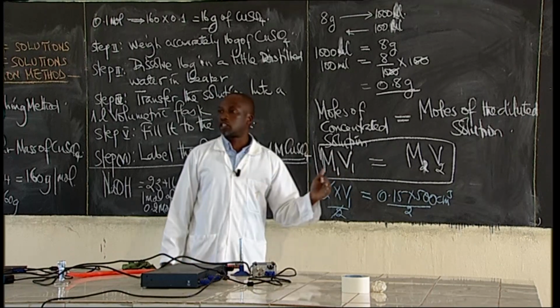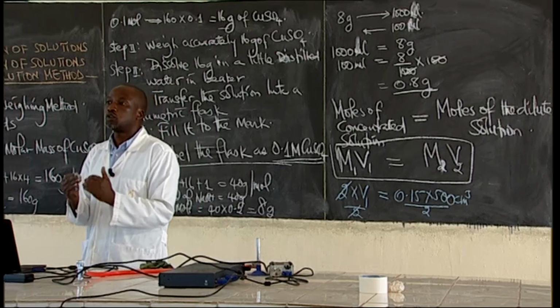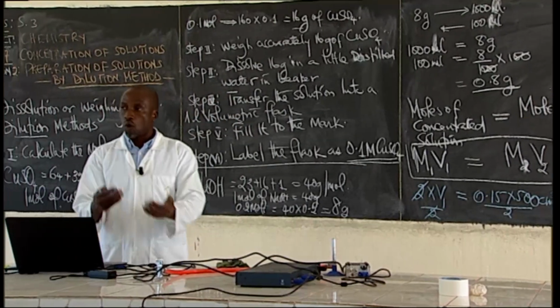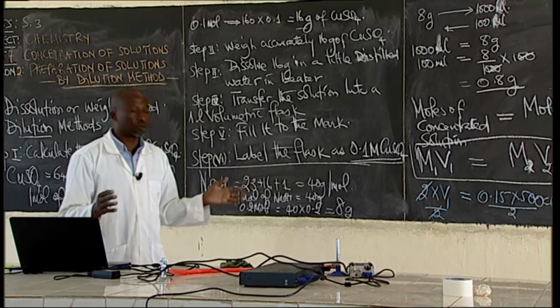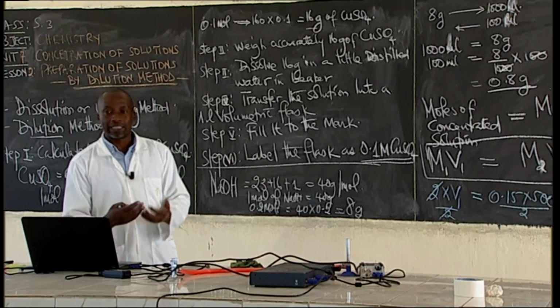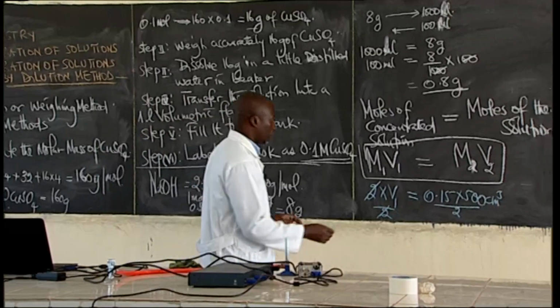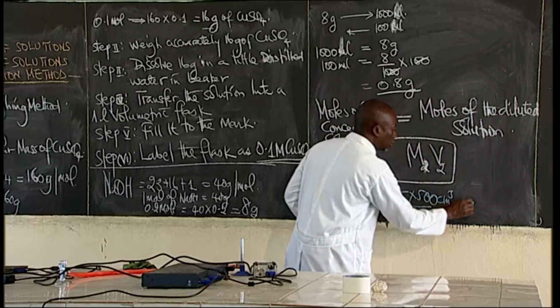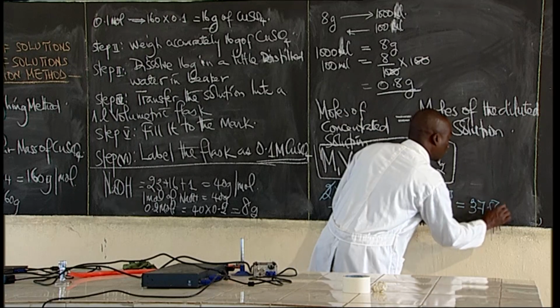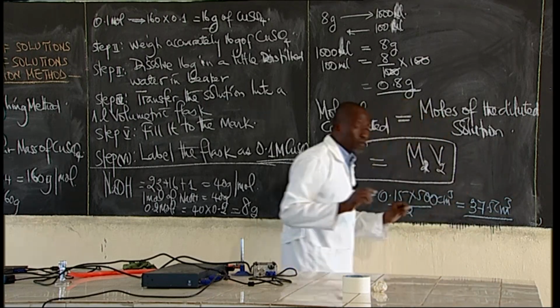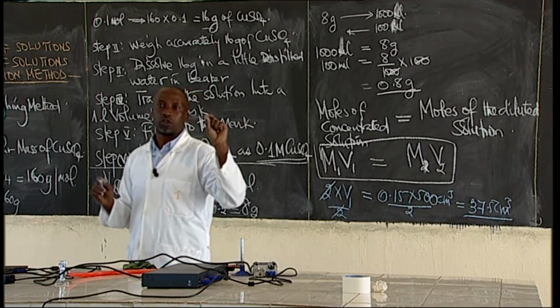But in most cases we use centimeters cubed for proper measurements, because most of the equipment that we use uses centimeter cubed, not decimeter cubed. So this one will be equivalent to 37.5 cubic centimeters. This is the volume of the concentrated solution.